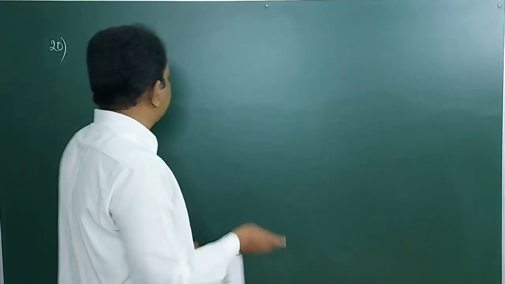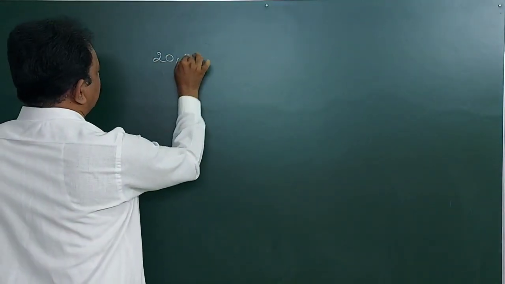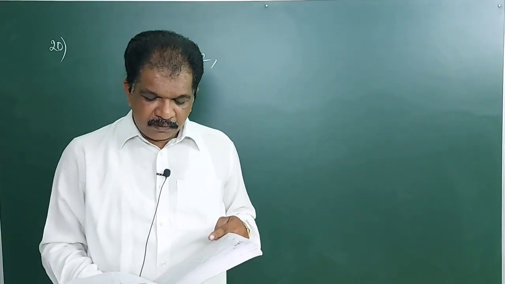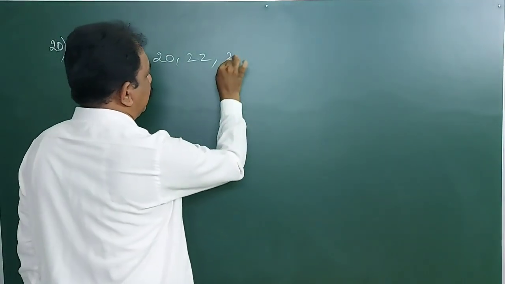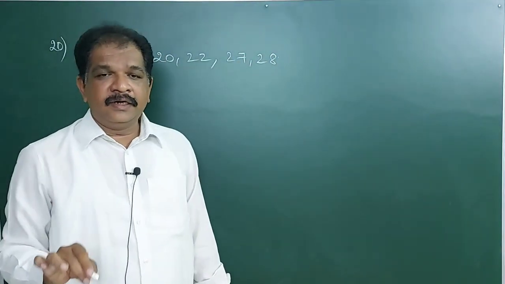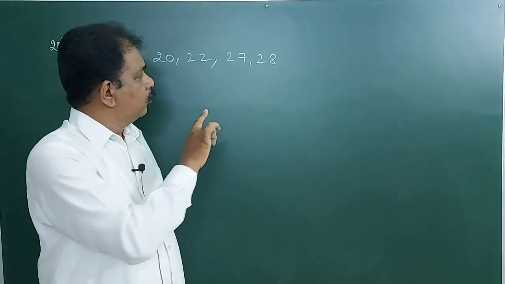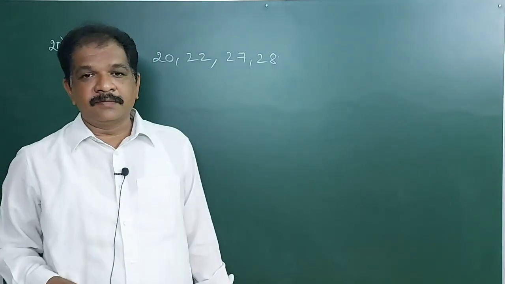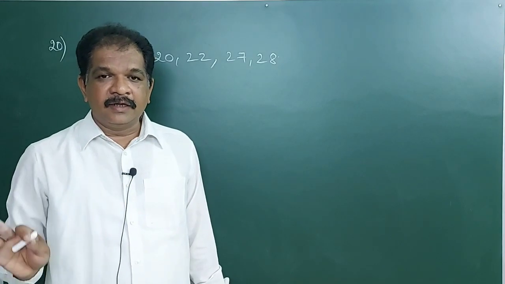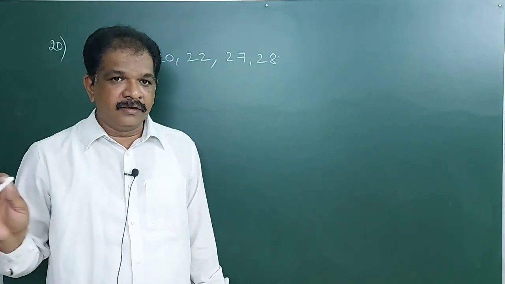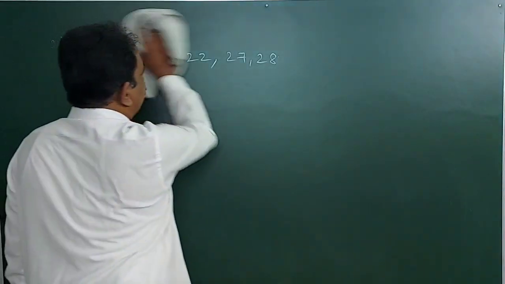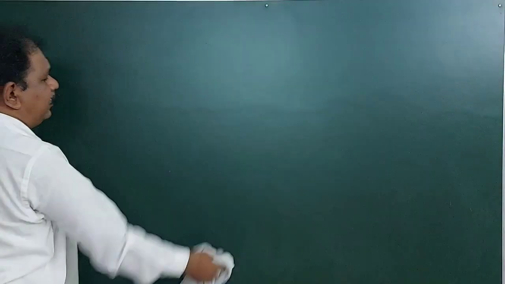Question number 20, 22, 27, 28. These 4 questions are related to the communication system chapter. The communication system chapter is not there for CET and for NEET. Just neglect those questions, no need. Next, 21.